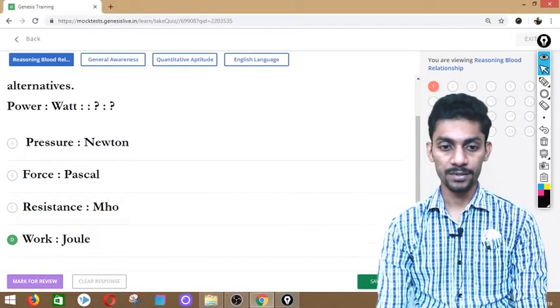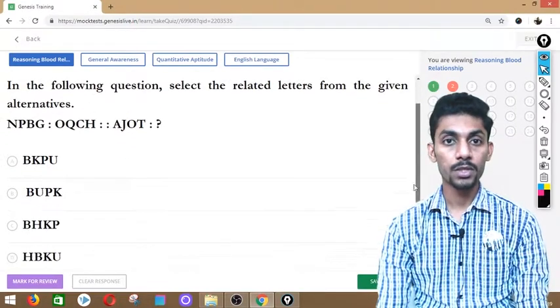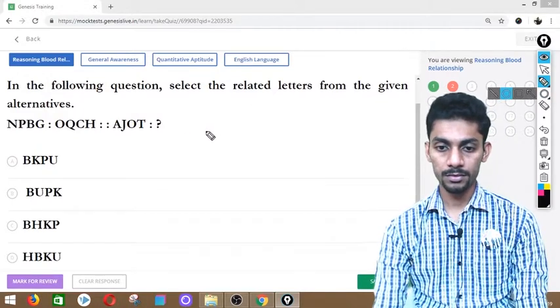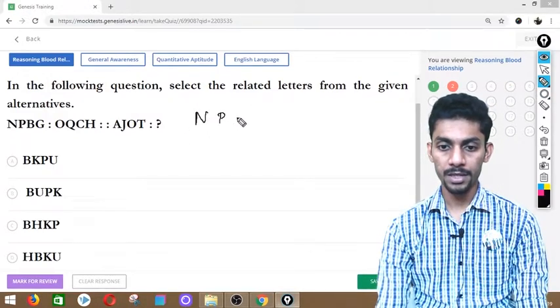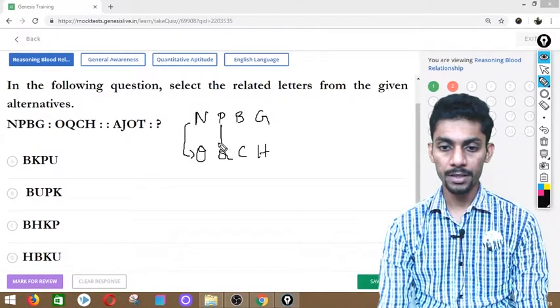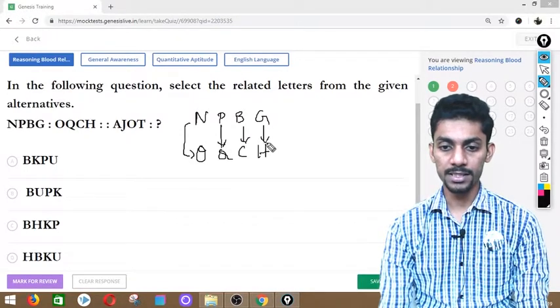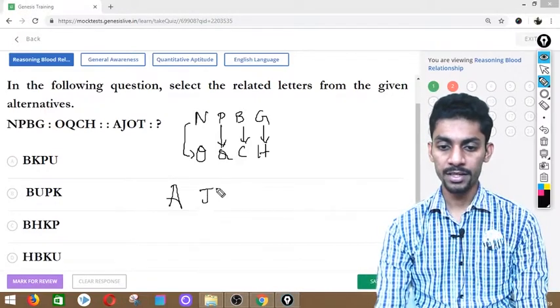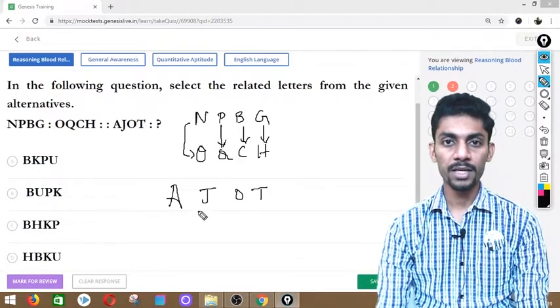Next one, question number 2. N, P, B, G is coded as O, Q, C, H. N, O, P, Q, B, C, G, H. Next letter is written. So similarly for A, J, O, T, what letter comes after A?